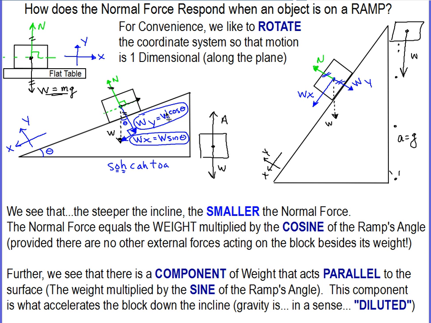What an inclined plane does is it dilutes how quickly gravity can change the motion of an object. We still get the exact same effect of gravity. It just happens more slowly.